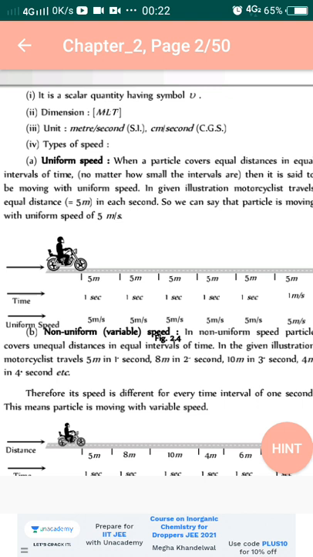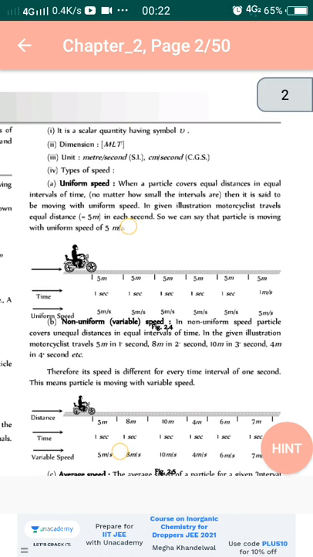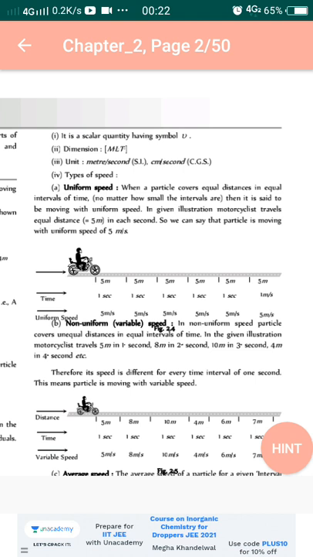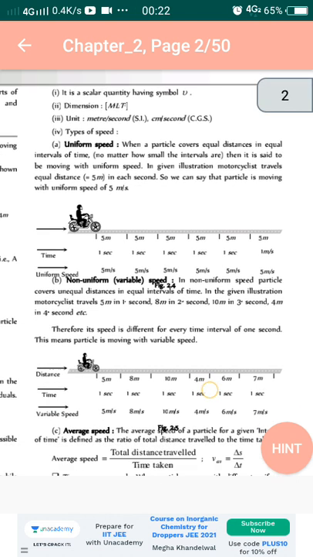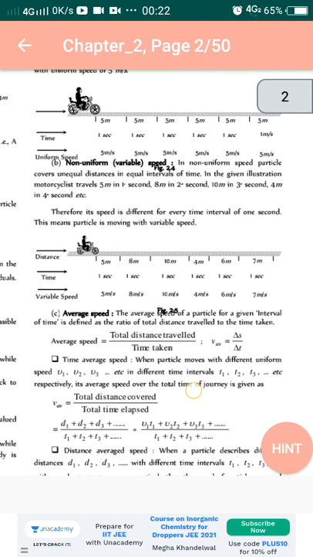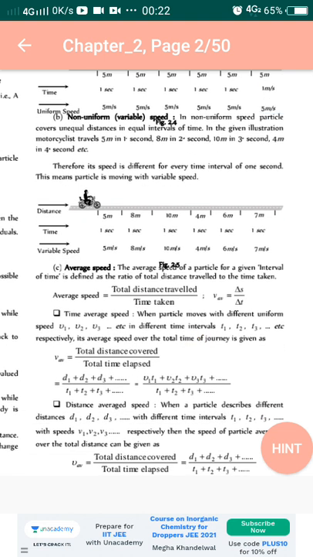In the given illustration, the motorcyclist travels 5 meters in the first second, 8 meters in the second second, 10 meters in the third second, 4 meters in the fourth second, etc. Therefore, its speed is different in every time interval of 1 second. This means the particle is moving with a variable speed. Distance is given and time is variable, so the speed is variable.